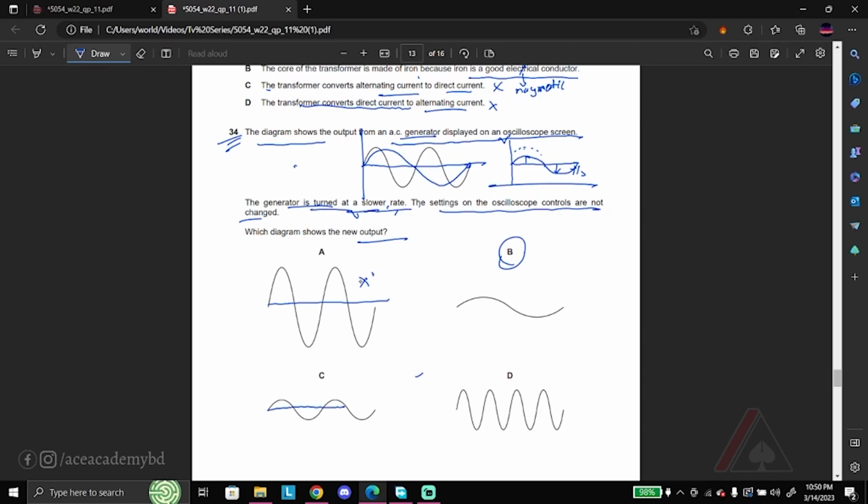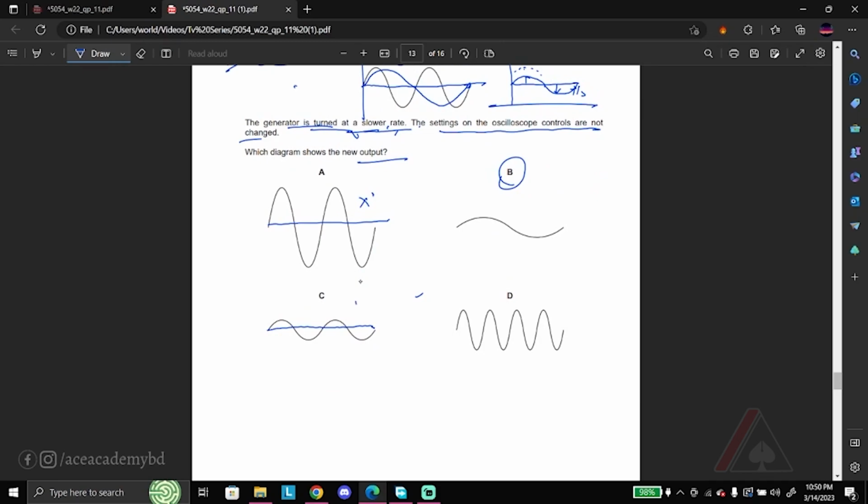Here the amplitude only has changed, it has decreased, but the frequency remains the same. And here the frequency has increased, which is definitely not the case. So yeah, B is the answer.